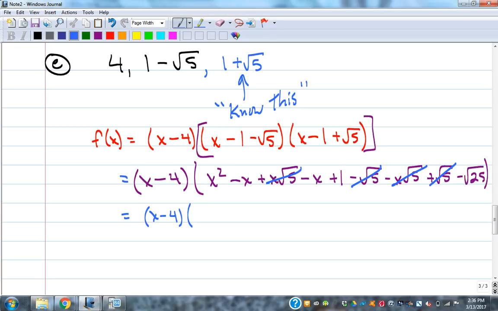All right, so we have x squared minus x, and minus x would be negative 2x. That turns into a minus 5, so we have positive 1 and a minus 5. Be a negative 4.